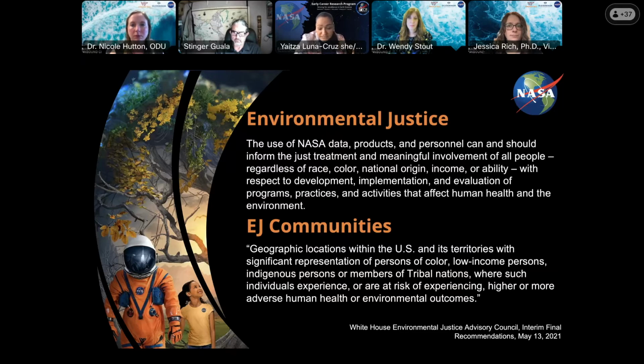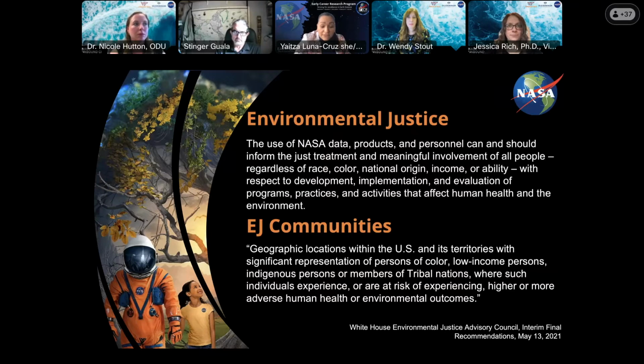Likewise, we are adopting the definition for environmental justice communities as geographic locations within the United States and its territories with significant representation of persons of color, low-income persons, indigenous persons, or members of tribal nations, where such individuals experience or are at risk of experiencing higher or more adverse human health and environmental outcomes.